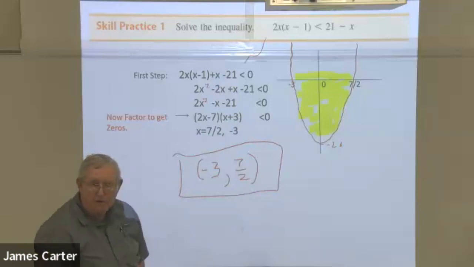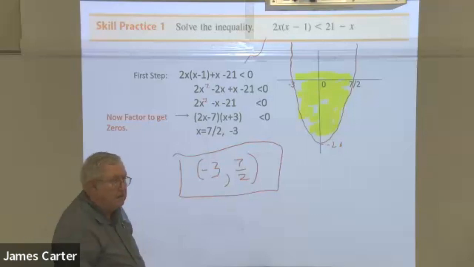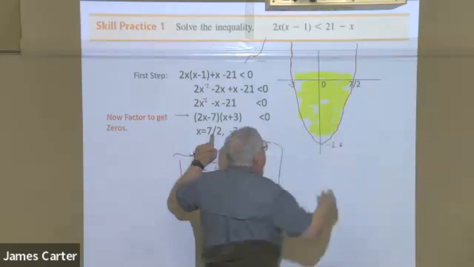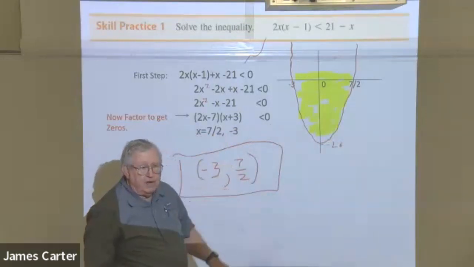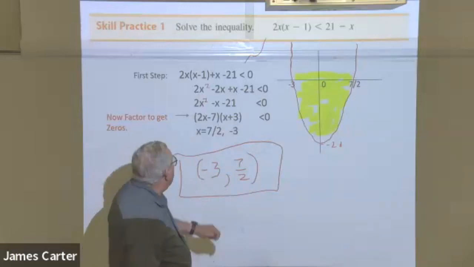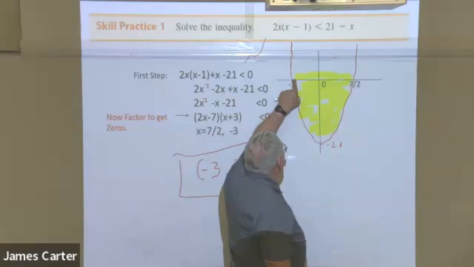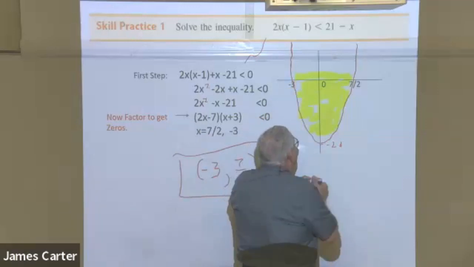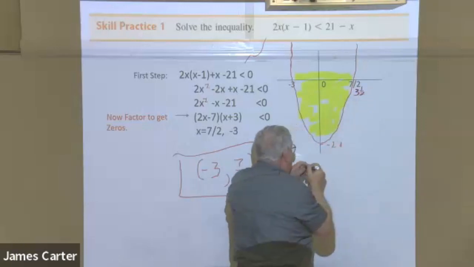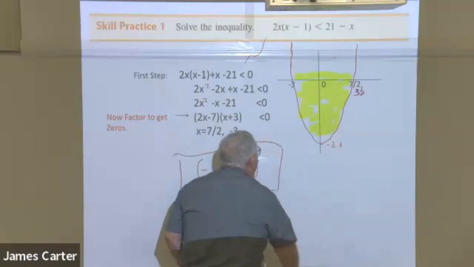Okay, everybody with me so far? Heads nodding, yeah, okay. So we plot 7/2, which is really 3.5. Okay. And we plot -3. So this one's really 3.5, when you think about it.